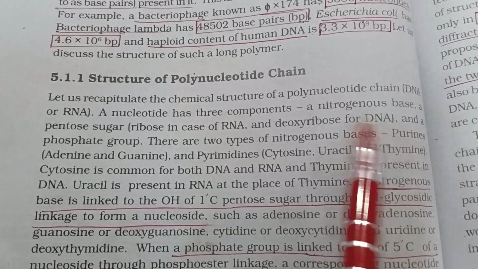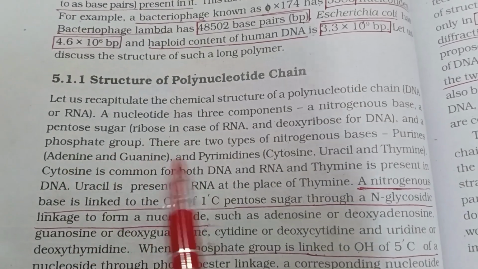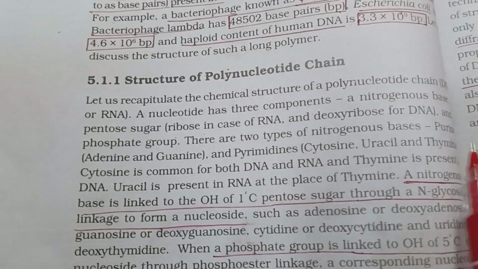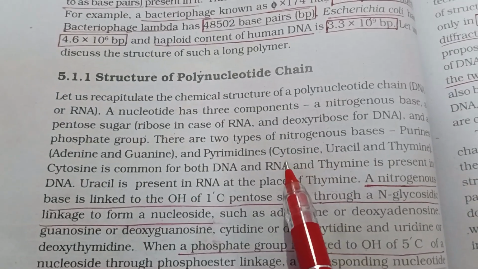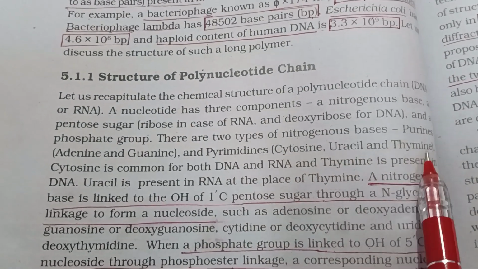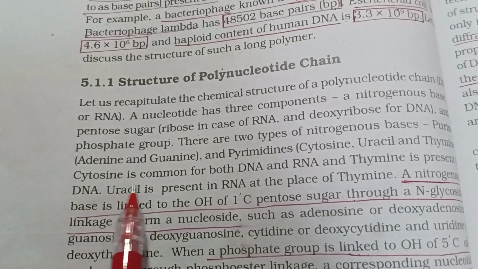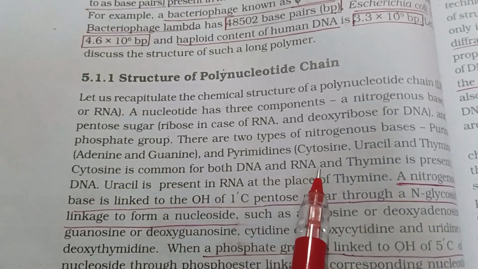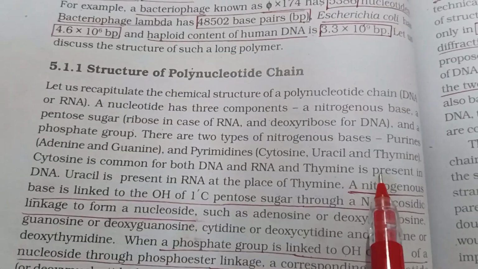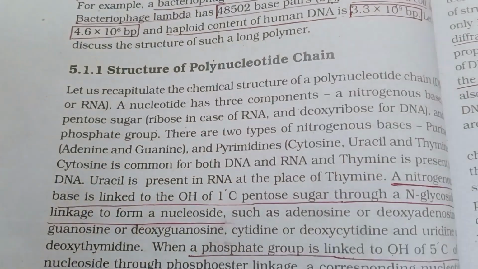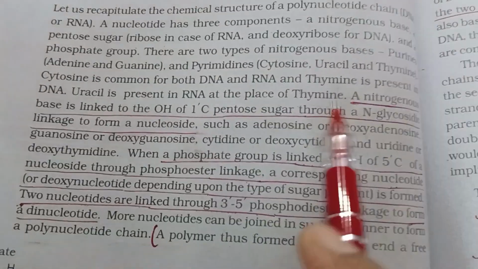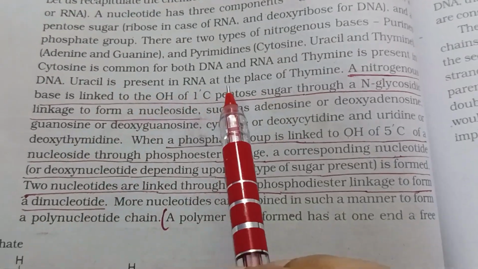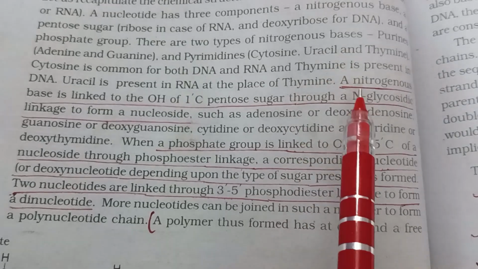One is purines, which include adenine and guanine, and then pyrimidines, which include cytosine, uracil and thymine. Cytosine is common for both DNA and RNA, and thymine is present in DNA. Uracil is present in RNA at the place of thymine.